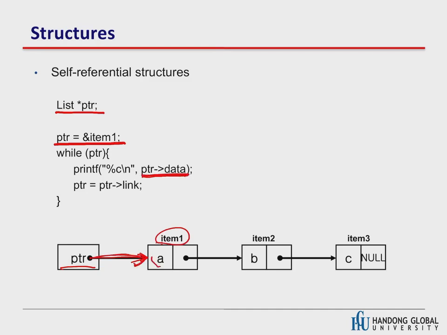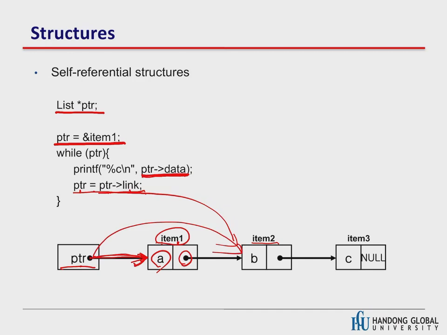So PTR is pointing to item 1, so PTR data means A. Now PTR gets PTR link, which is the address of item 2. So PTR link is pointing to this one because PTR is pointing to item 1. So by this assignment, PTR is actually pointing to item 2.